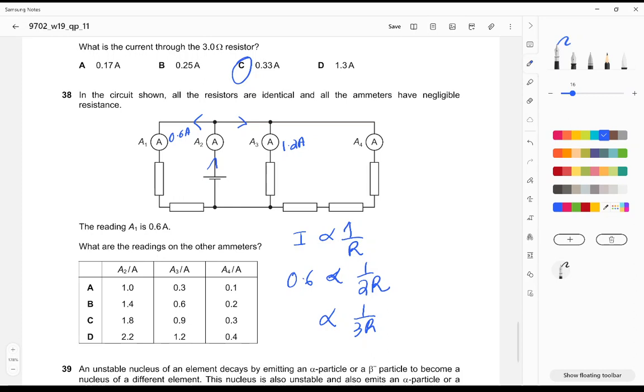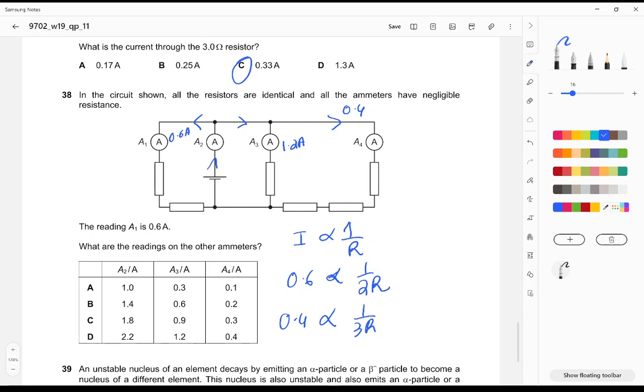We just cross multiply: 1 divided by 3 multiplied by 0.6 divided by 0.5, that gives me a current of 0.4. So the current here is actually 0.4. We found it out using this relationship.